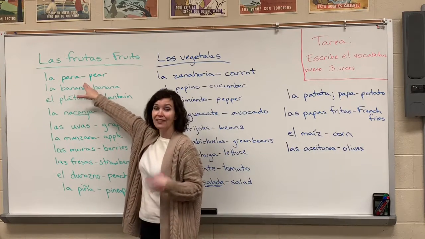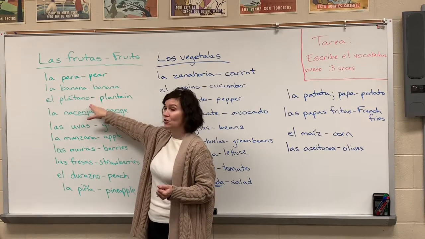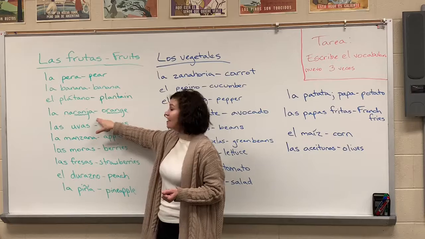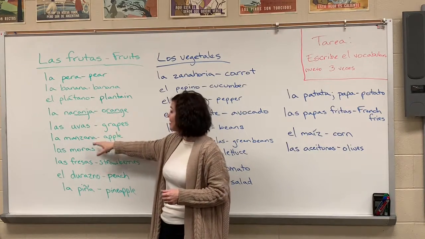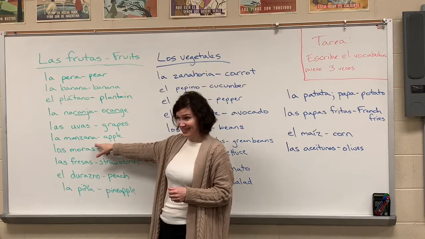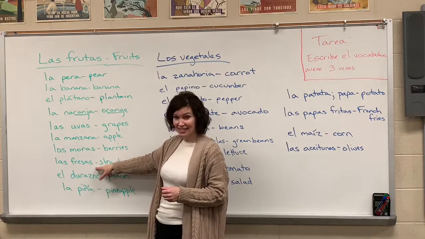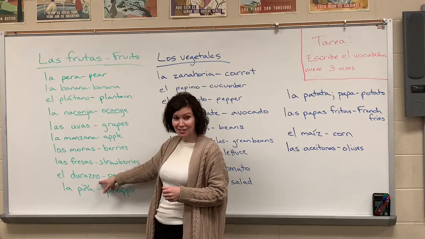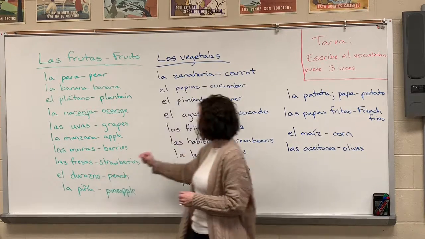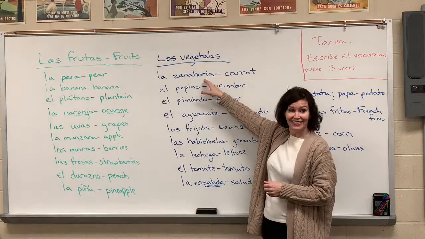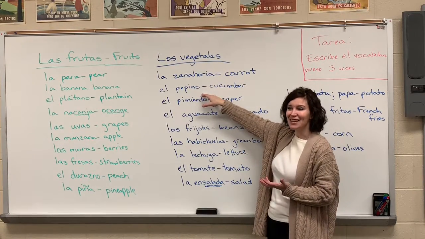La pera, la banana, el plátano, la naranja, las uvas, la manzana, las moras, las fresas, el durazno, la piña, because we're doing well, la zanahoria, el pepino, that one's fun to say, isn't it?